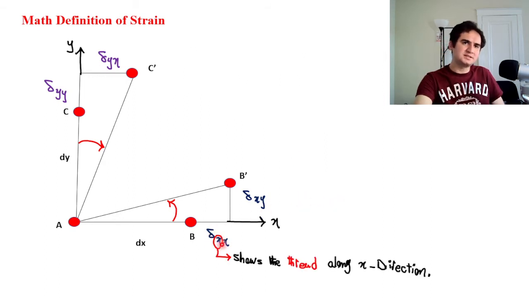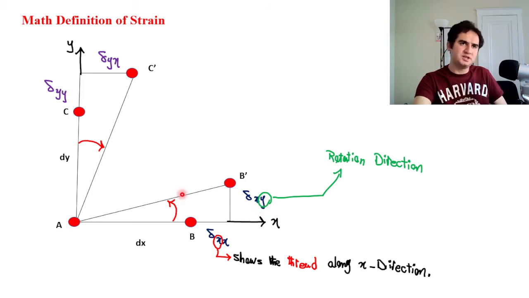So delta xx, the first one, shows the thread along the x direction, so that's delta x, and if you look at the second term, it just shows you the rotation. From B to B prime, it just rotates toward the y-axis.